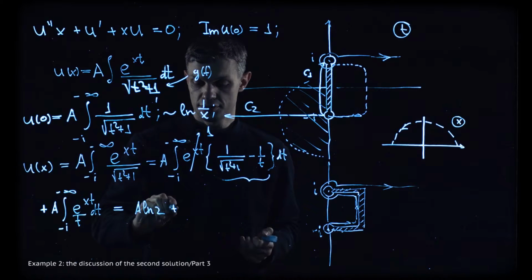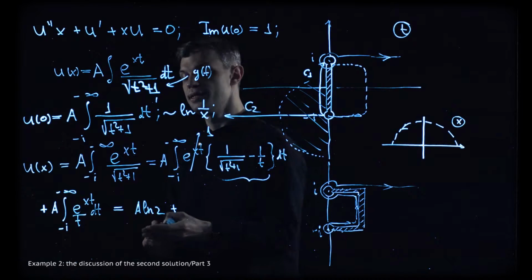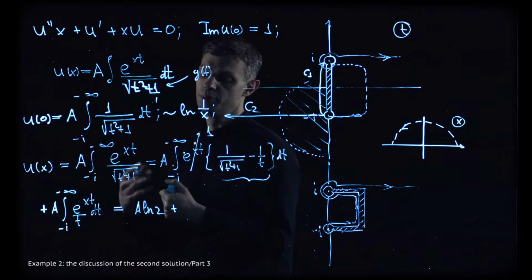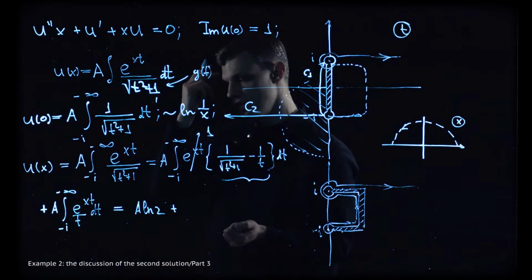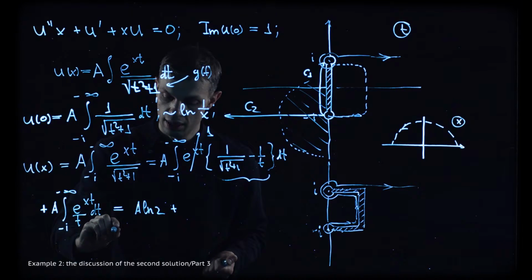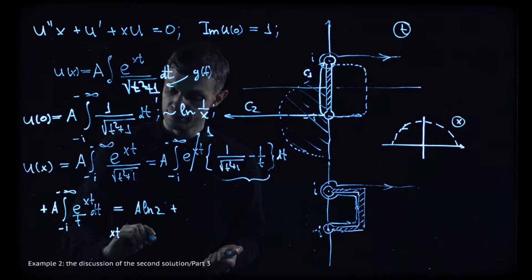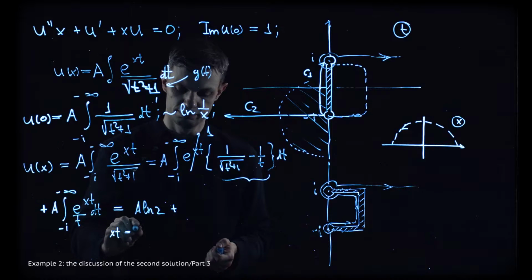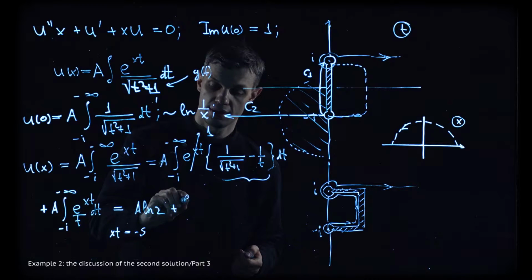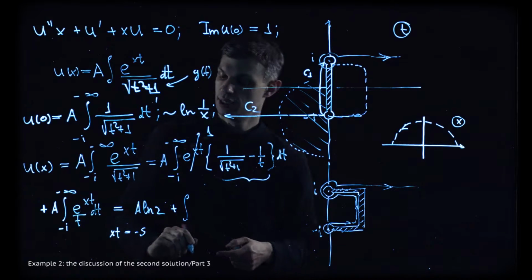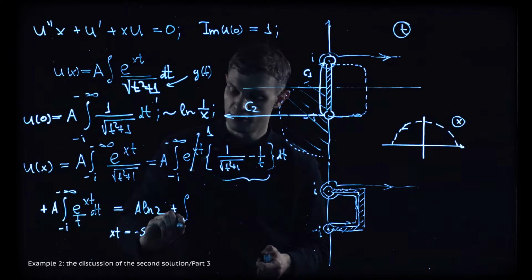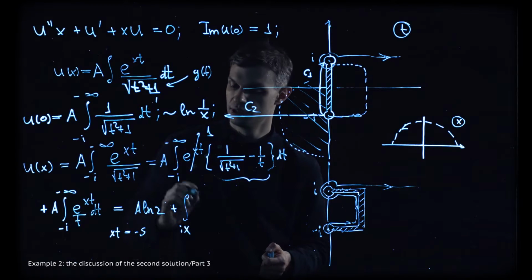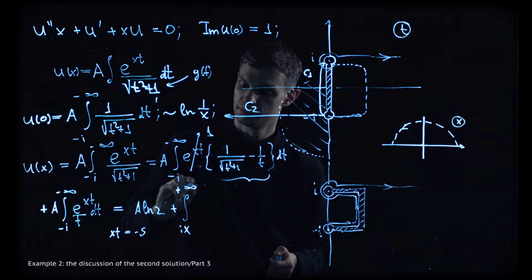Here, what you can do is simplify things slightly by making an appropriate change of variables. For example, you can change xt to be equal to minus s, since t is negative. And then the integral is taken from ix to plus infinity.